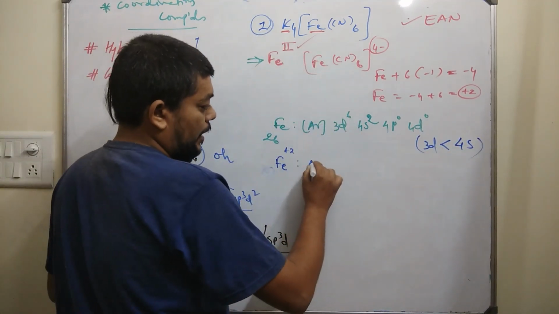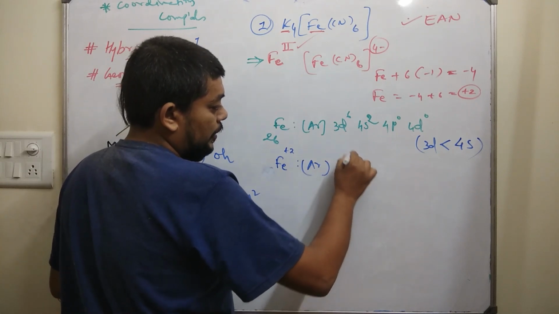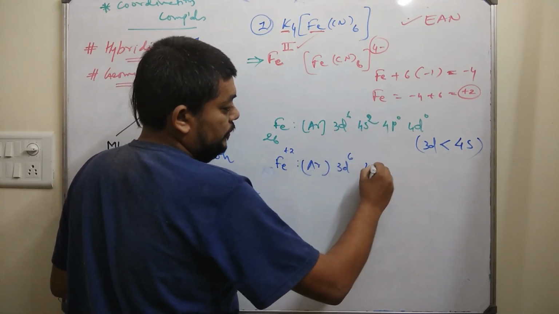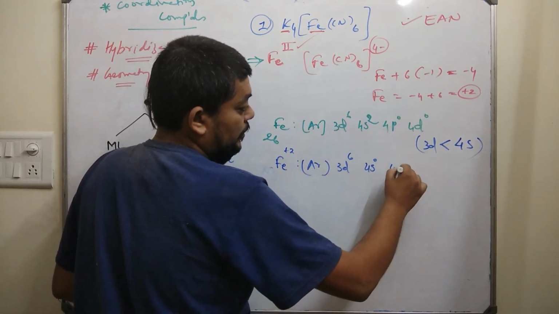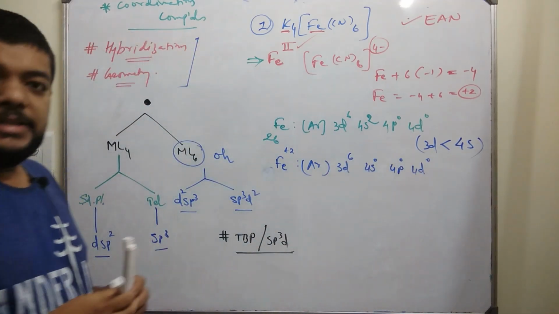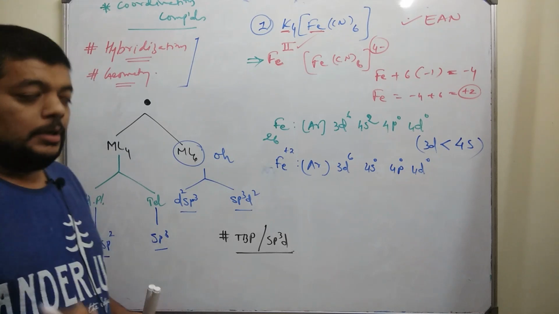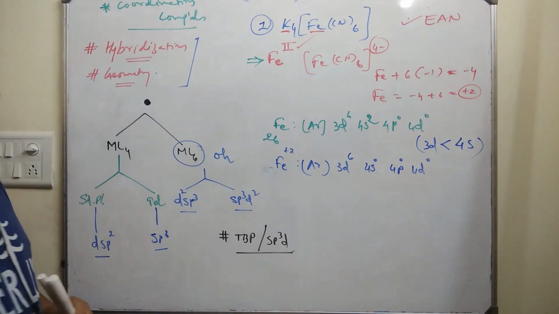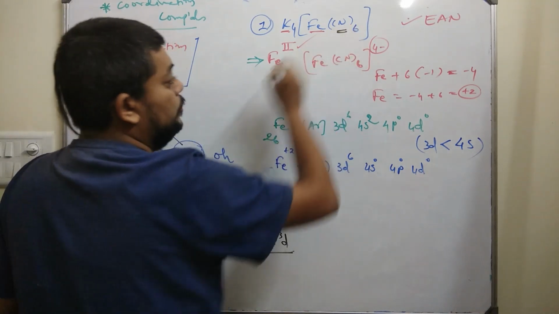Therefore, argon 3d6, but both the electrons from 4s will be removed: 4s0, 4p0 and 4d0. Now, we should always identify the ligands into two categories.